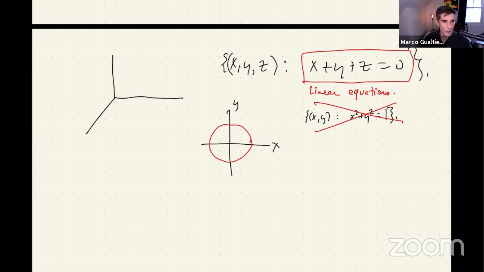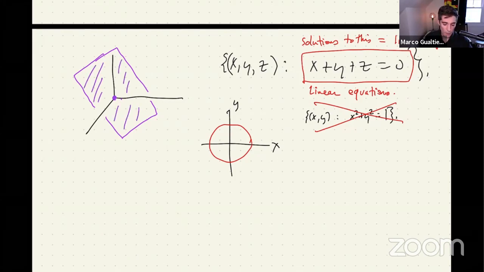In other words, the solution space is a linear subspace. And what does that linear subspace look like? It looks like a plane, which intersects the origin and which is not lying in any of the coordinate planes.